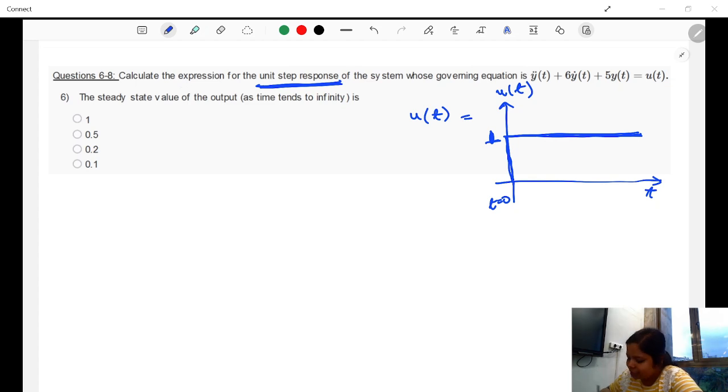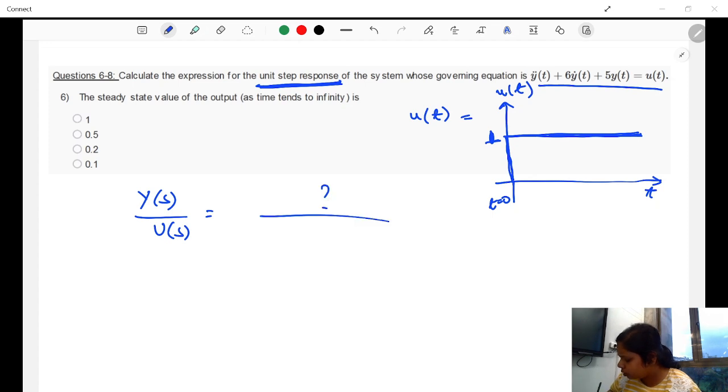First, calculate the expression for the unit step response, whose governing equation is this. What we were doing earlier is getting Ys upon Us as some numerator upon denominator, an algebraic expression in s. Now, we want this Us to be a unit step.